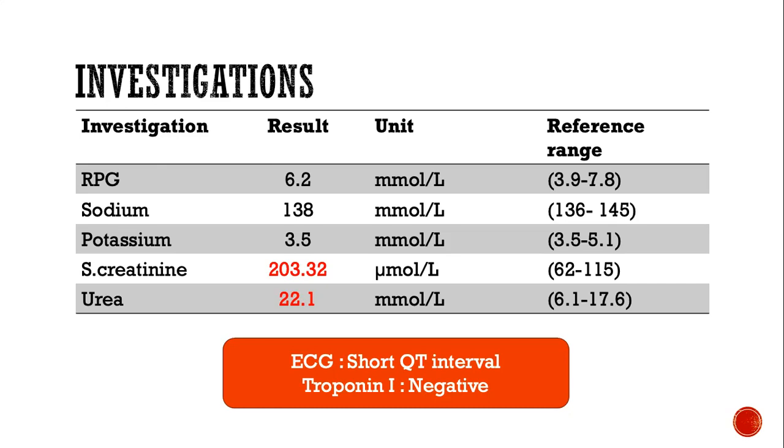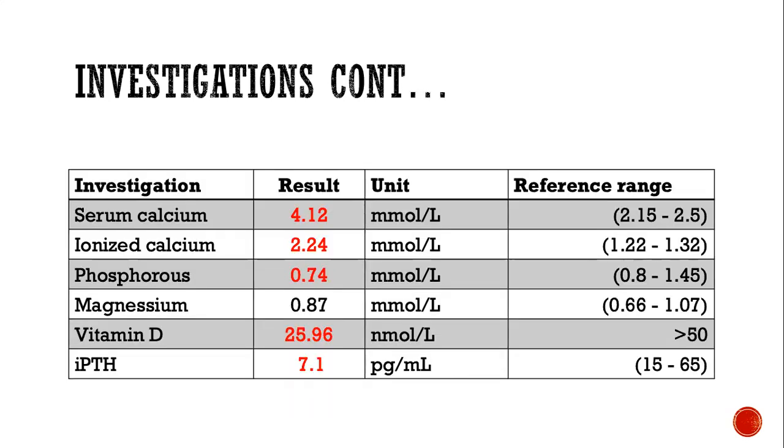His troponin I was negative, but his ECG showed short QT interval. Because of this short QT interval, we further investigated for serum calcium levels. It was 4.12 millimoles per liter, which was highly increased, that is more than 3.5 millimoles per liter, which suggests some form of malignant type of increase in serum calcium levels.